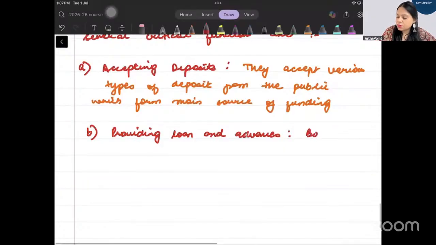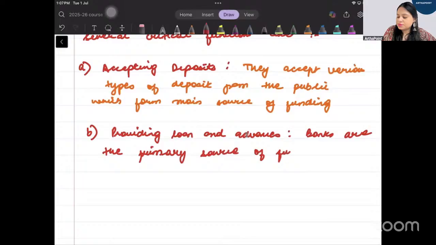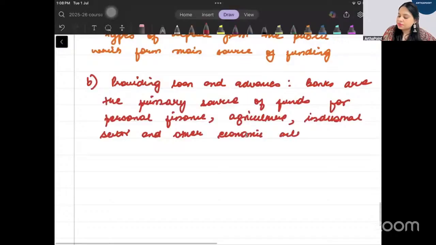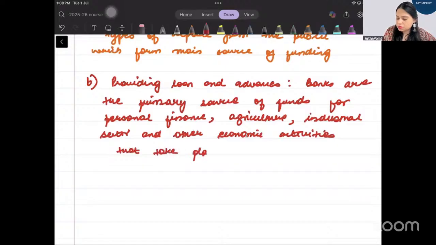So banks are the primary source of funds for personal finance, agriculture, industrial sector, and other economic activities that take place through loan and credit facilities.